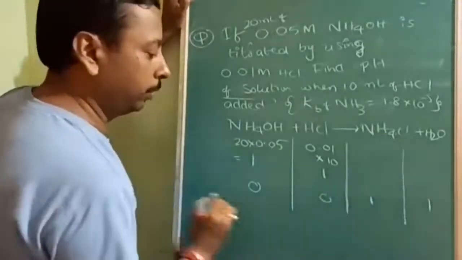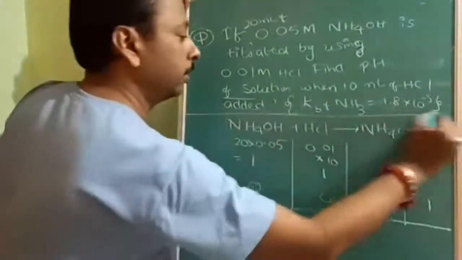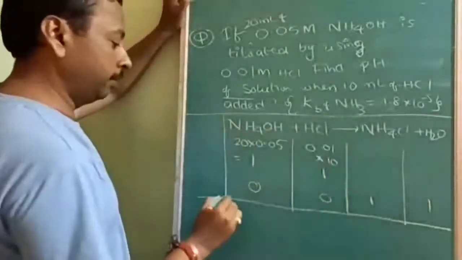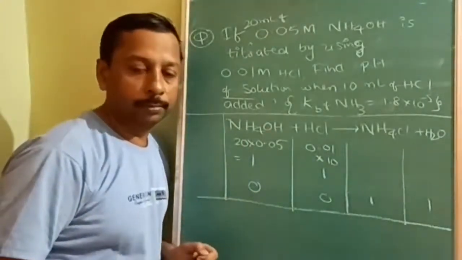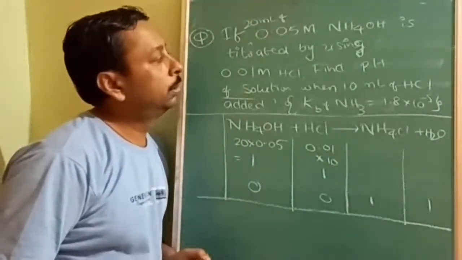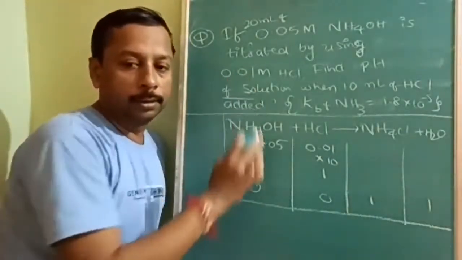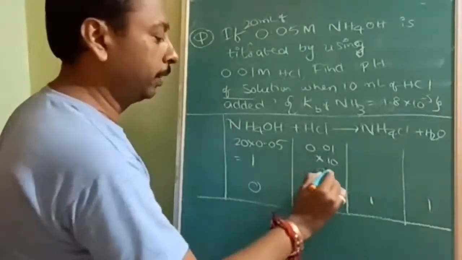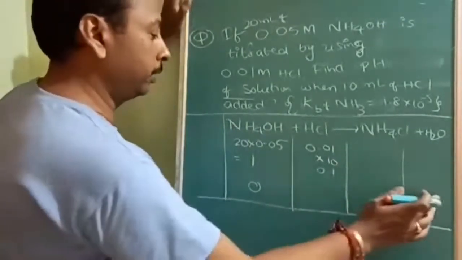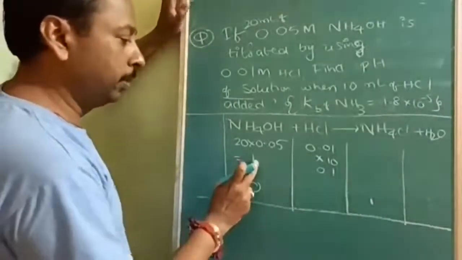So which formula will you use? pOH. Salt of strong acid, weak base. 0.01 molarity, no? Okay, here this will be 0.1. Now all conditions will be changing.